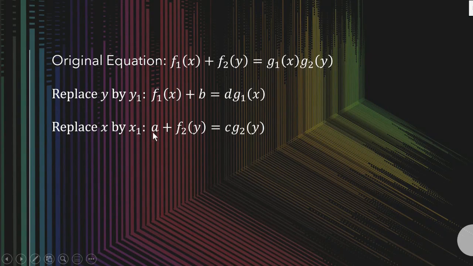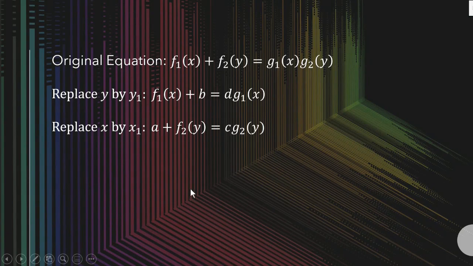Then we are going to get that a plus f sub 2 of y is equal to c times g sub 2 of y. Remember that b represents f sub 2 of y1, d represents g sub 2 of y1, a represents f sub 1 evaluated at x1, and c represents g sub 1 evaluated at x1.